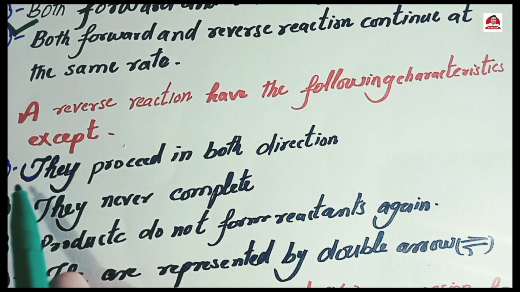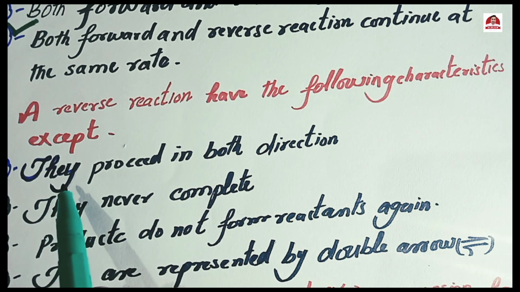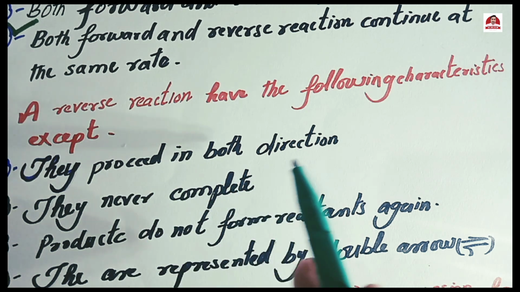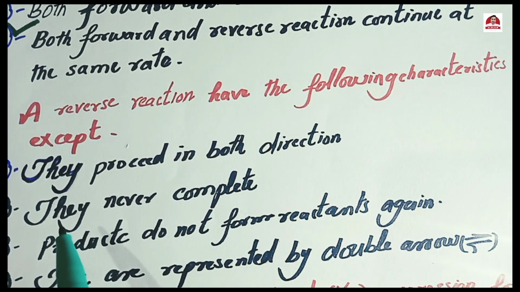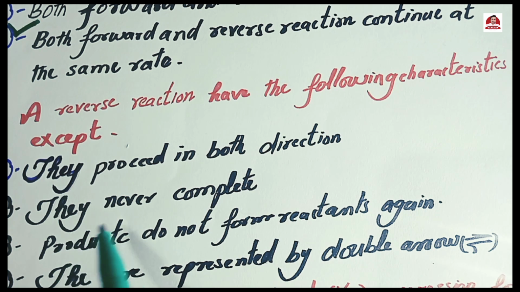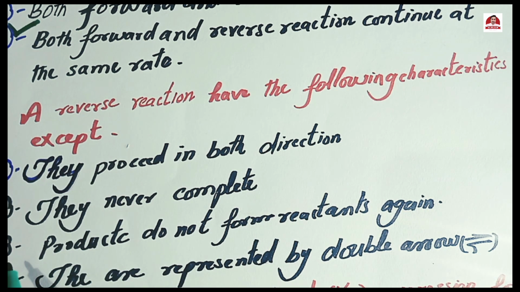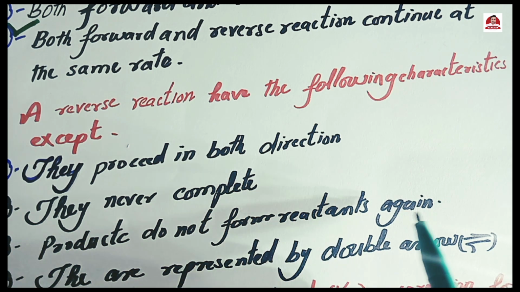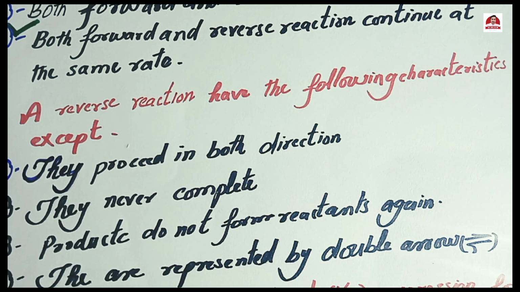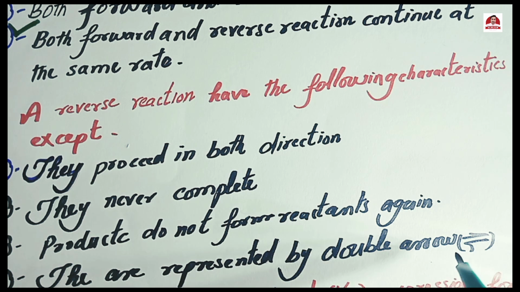Option A, they proceed in both directions. Option B, they never complete. Option C, products do not form reactants again. And option D, they are represented by a double arrow.